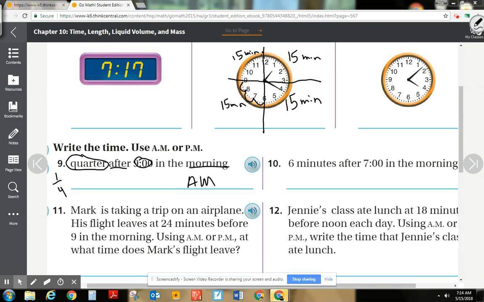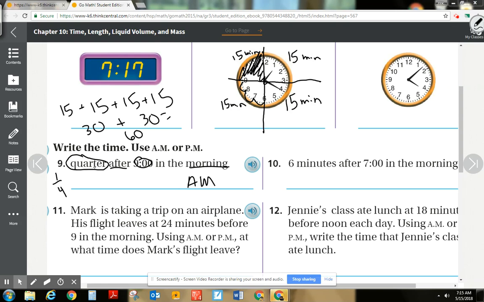And one of these quarters is 15 minutes. Because 15 plus 15 plus 15 plus 15 equals 60. And 60 minutes in an hour. So a quarter would be 15 minutes of 1 hour.